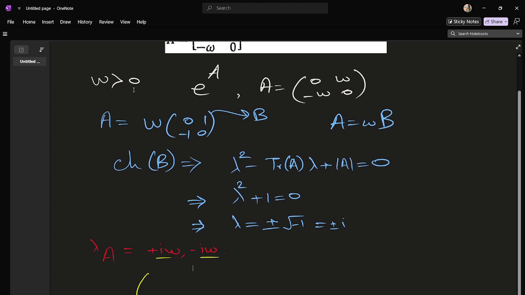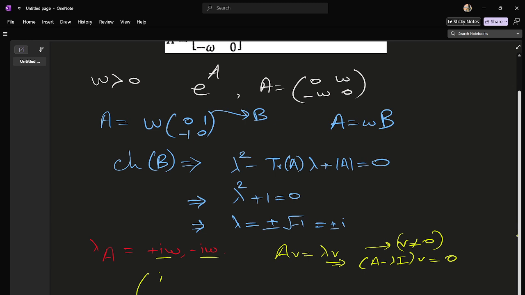For i omega, the eigenvector V satisfies AV equals lambda V, with V not equal to 0, so V is an eigenvector. We can rewrite the equation this way, and V has to be a non-trivial solution of this.